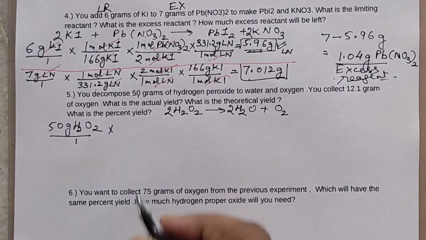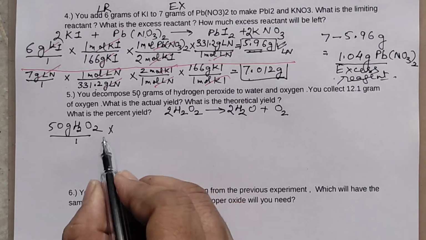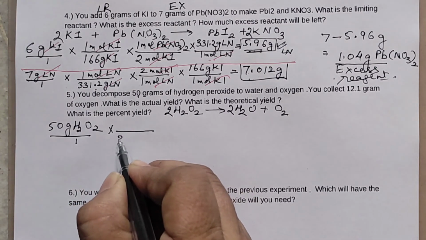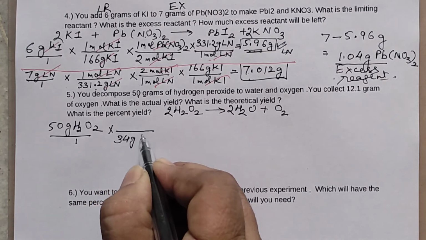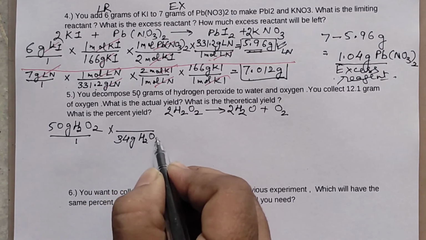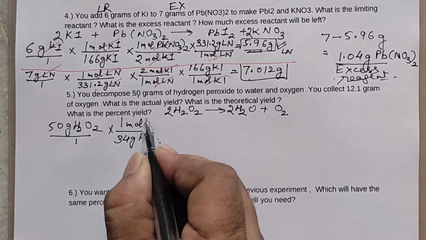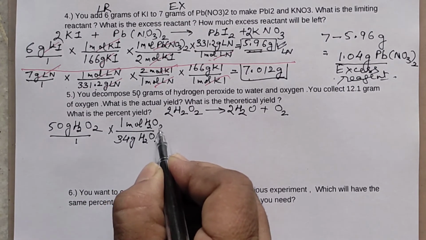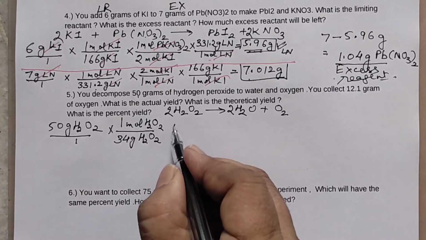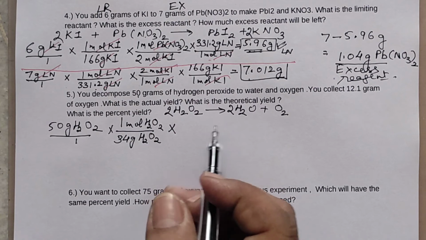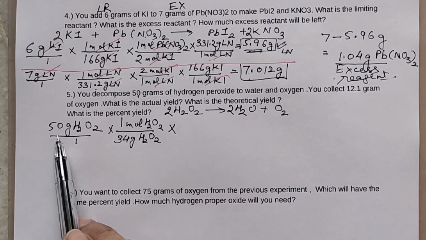This much gram of hydrogen peroxide is first to be converted to moles of hydrogen peroxide. Given weight by molecular weight. So molecular weight of hydrogen peroxide is 34. This much gram of hydrogen peroxide is 1 mole of H2O2. We have converted this into mole of hydrogen peroxide. Right? Into. We will find out how many moles of oxygen will be obtained by 50 grams.